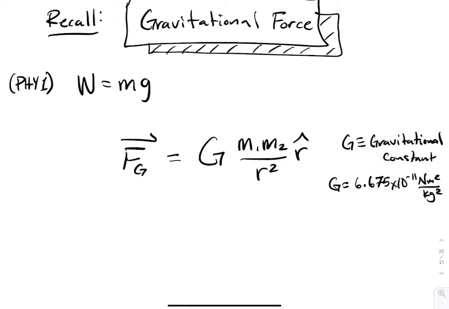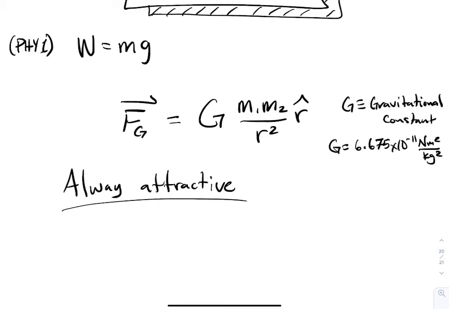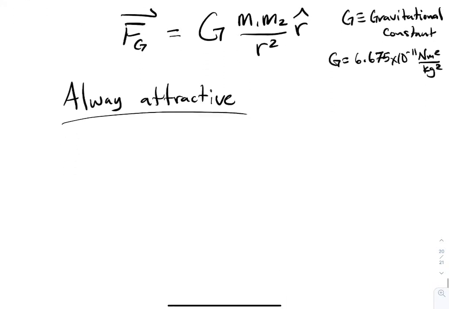Something to note for gravitational force is that it's always attractive. It must happen between two bodies with mass, like the equation implies here: mass 1, mass 2. You have to have two bodies with mass in order to have a gravitational interaction between them. The interaction will always be attractive, and so it will always point toward the bodies.